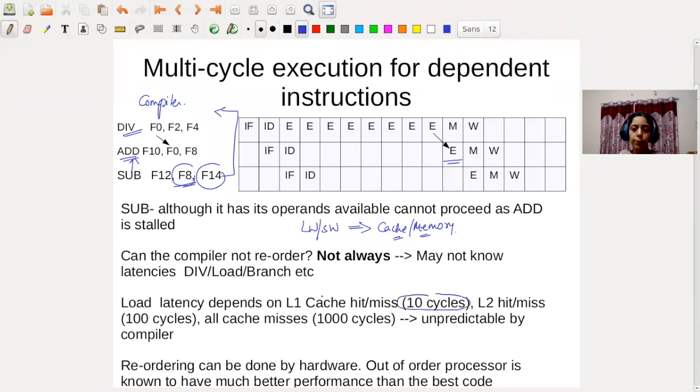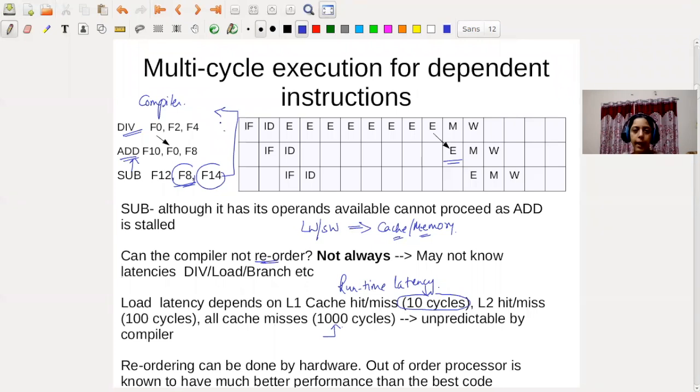So for example, if the data is in the L1 cache, the latency would be less, whereas if the data is in the main memory, the latency could be very high. So depending on the runtime latency, the total latency of the instruction changes and the compiler has no such information, so the compiler may not be able to reorder all the time.